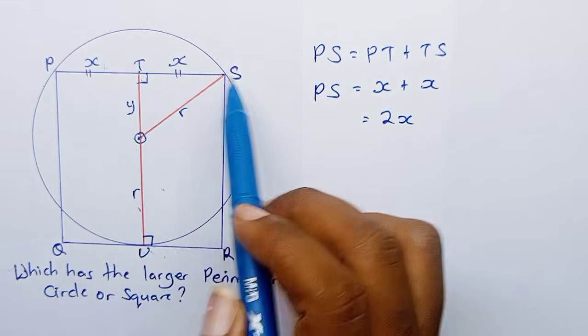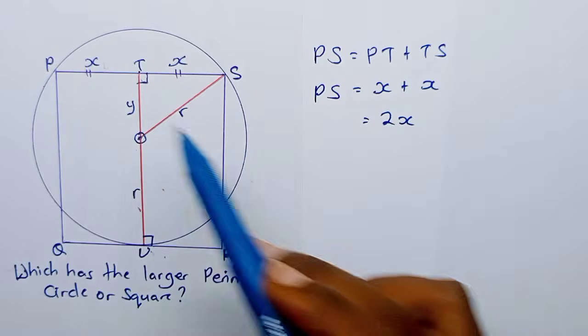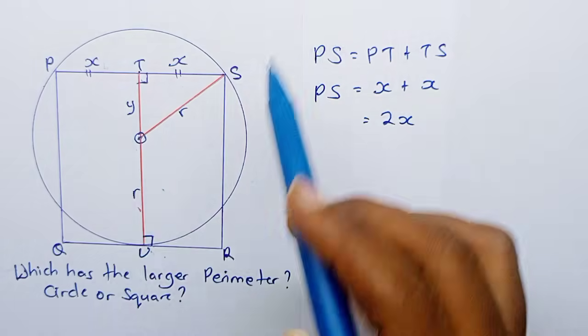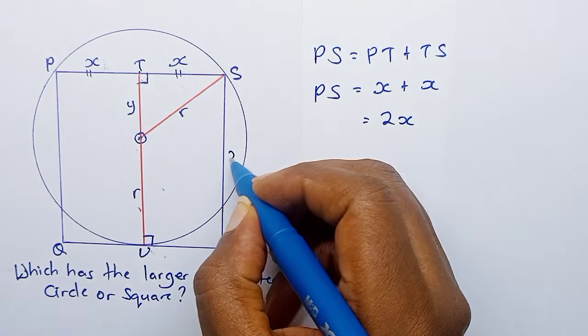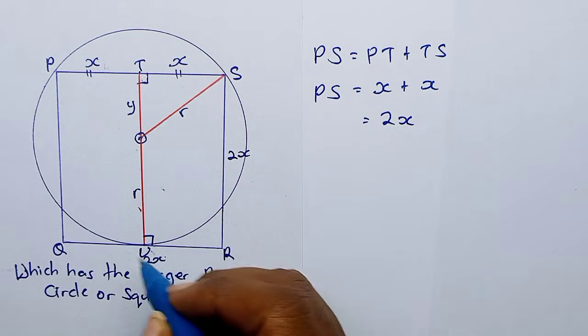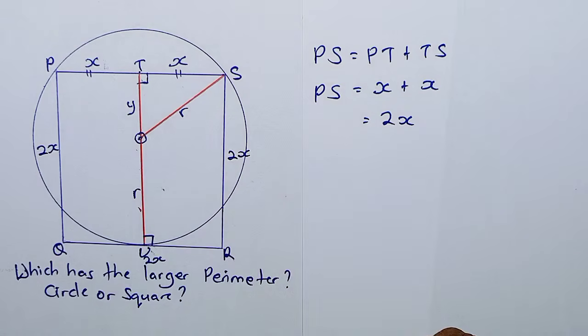And we know that PS is the side of the square. PQRS is a square. So if PS is 2X, that implies that all the sides are 2X. So this side is 2X. Also QR is 2X. Also PQ is 2X.